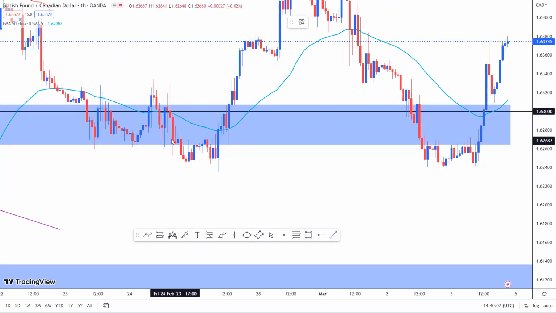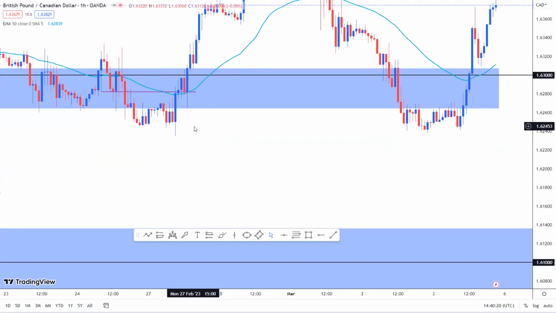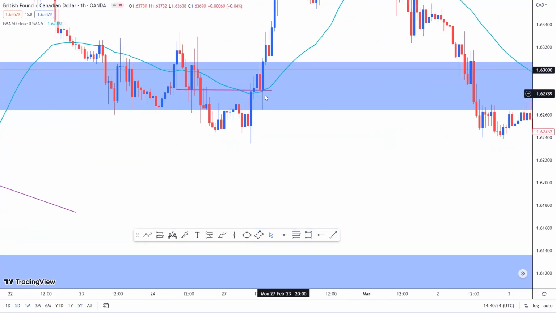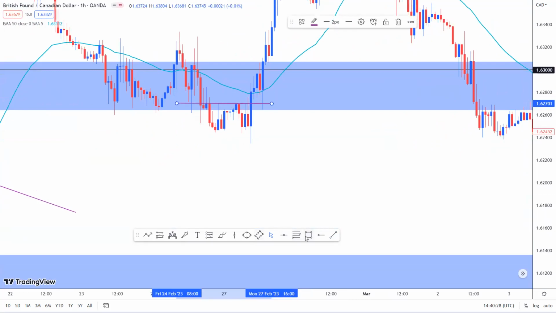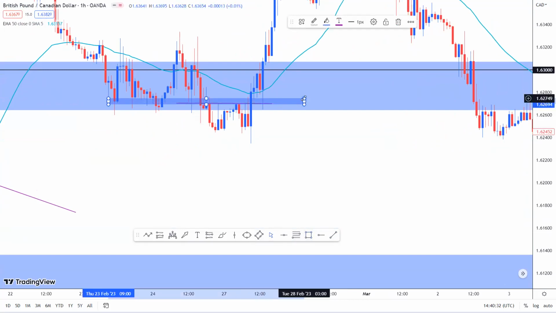And then, if you can see very clearly from the 1-hourly time frame, we had this level right here, this level right here was a 1-hourly market structure.